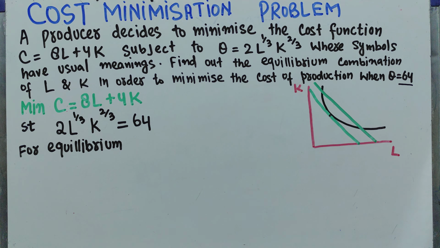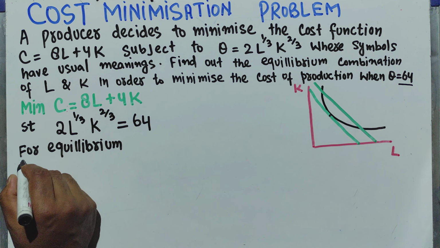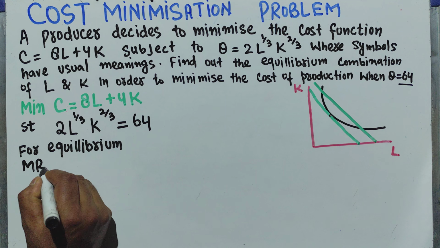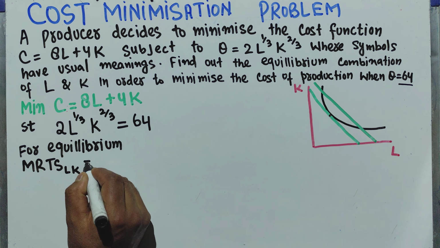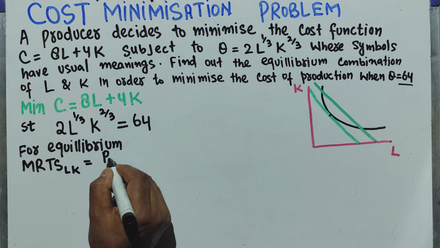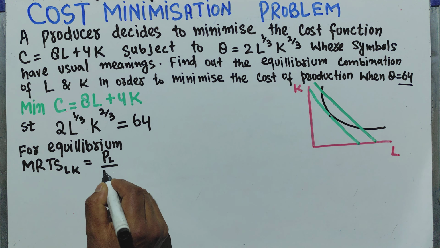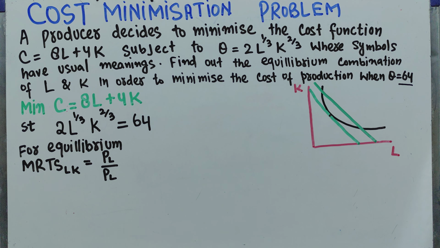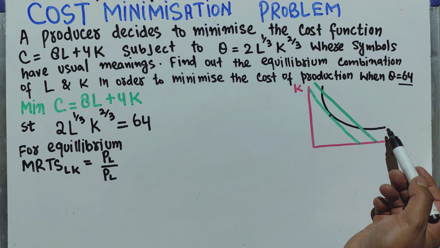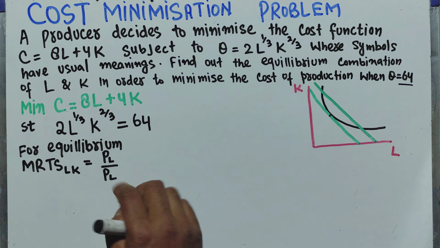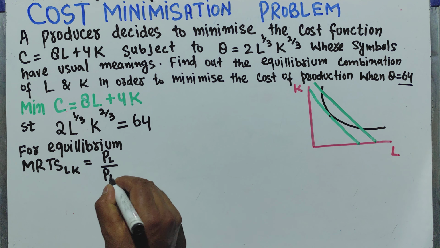what will happen? We should have the marginal rate of technical substitution between labor and capital equal to the input price ratio, that is price of labor upon price of capital. So at equilibrium, the marginal rate of technical substitution between labor and capital should be equal to price of labor upon price of capital.